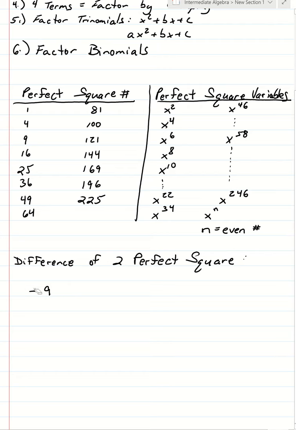And if I may, I'm just going to erase this for a moment. I'm going to give you a formula to follow. If we have a squared, that's a perfect square, minus b squared, that is also a perfect square, that would factor down into an a plus b and an a minus b.